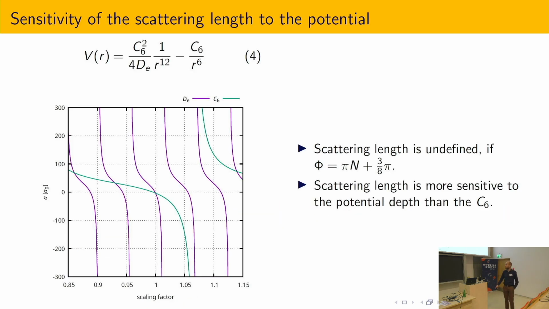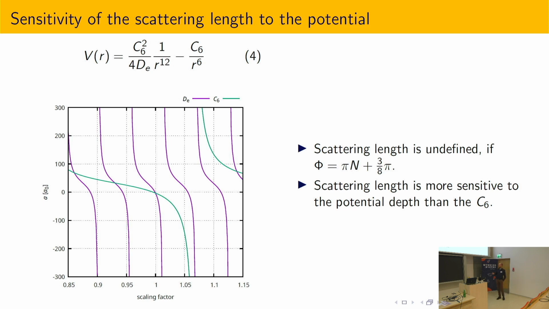To give you a little bit of intuition how the scattering length is sensitive to the depth of the potential and the C6 parameter, I assume a very simple potential with only two parameters. Then we scale either the C6 or the depth of the potential, and on this plot we have the scattering length as a function of the scaling.